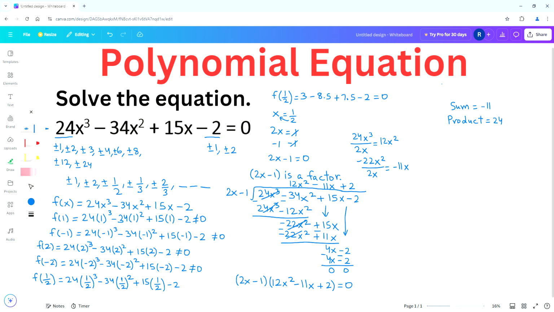So the first two possible factors of 24 are negative 1 and negative 24. But we cannot get a sum of negative 11, so this pair is out. The second possible pair is negative 2 and negative 12.